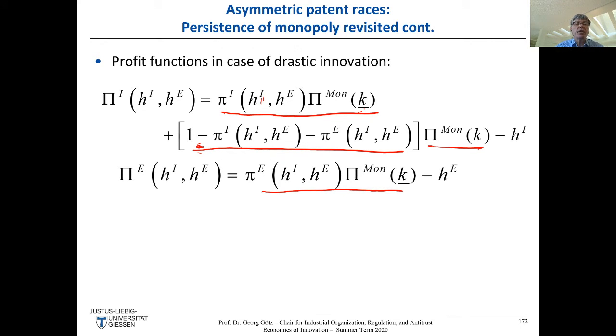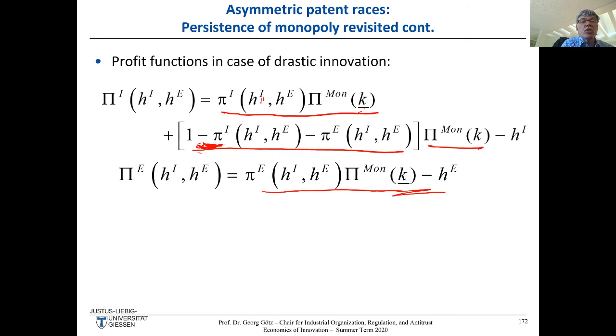Due to this negative effect, which is of course not present for the entrant, you will choose a lower level of HI.